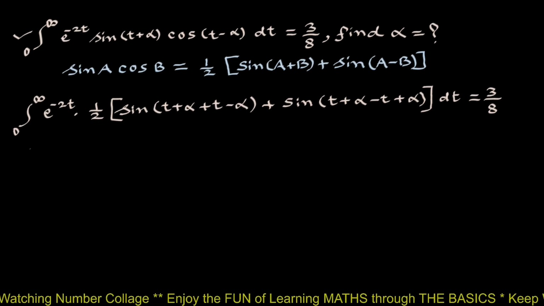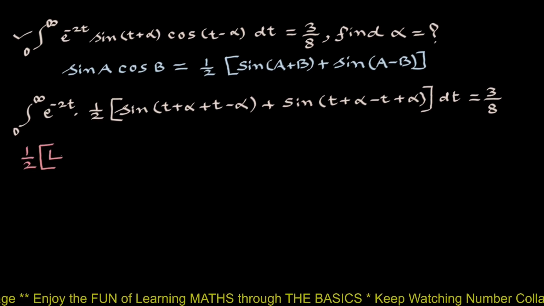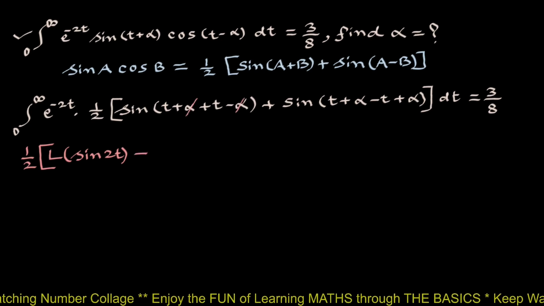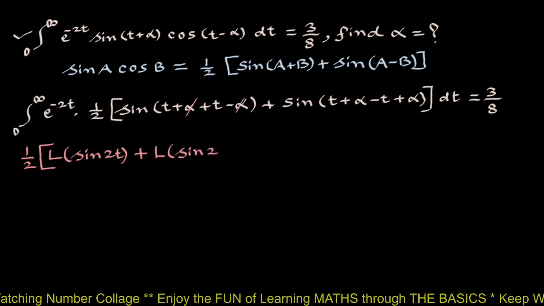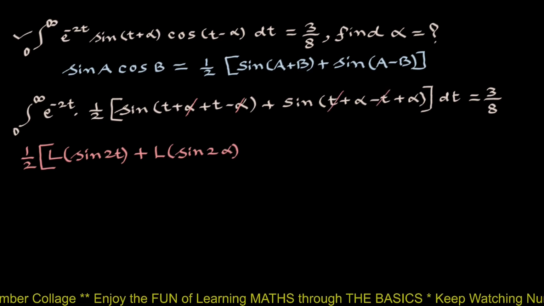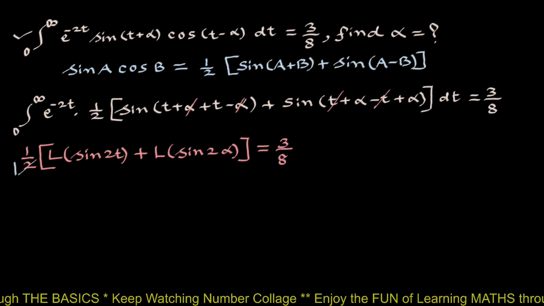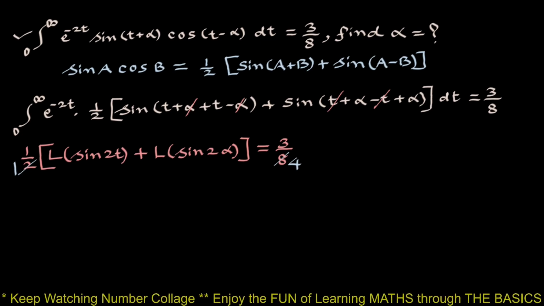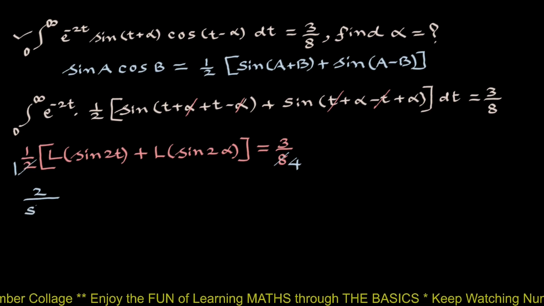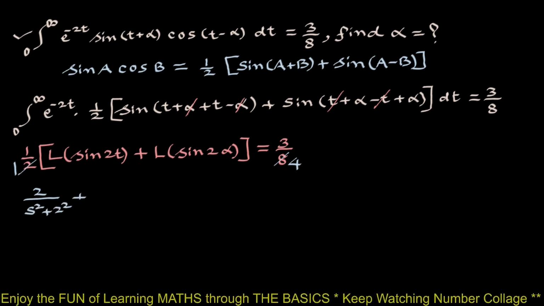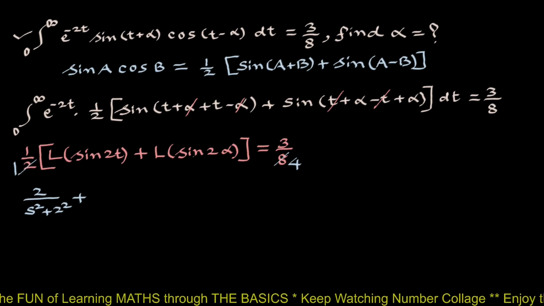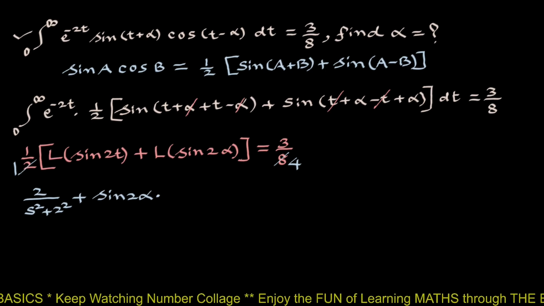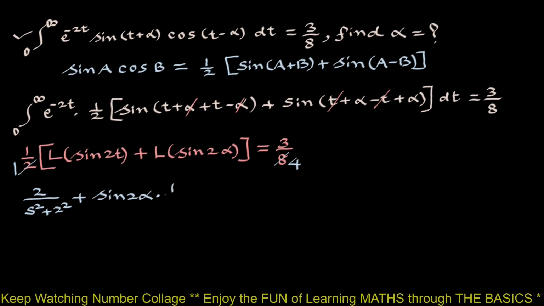This will be half times the Laplace transform of sin 2t after cancelling alpha, plus the Laplace transform of sin 2 alpha after cancelling t, which is 3 upon 8. Two 1s are 2, two 4s are 8. The Laplace transform of sin 2t is 2 upon s square plus 2 square, plus the Laplace transform of sin 2 alpha is sin 2 alpha into the Laplace transform of 1, which is 1 upon s.